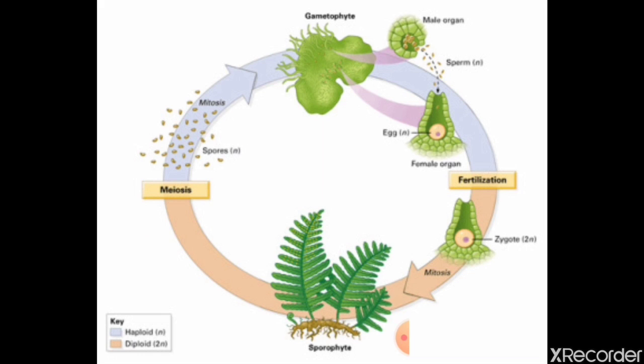Water is required for the transfer of male gamete to the egg. So water helps in transferring this male gamete to the mouth of archegonium, and fusion of male gamete with the egg takes place in the archegonium, and this fertilization results in the formation of zygote.